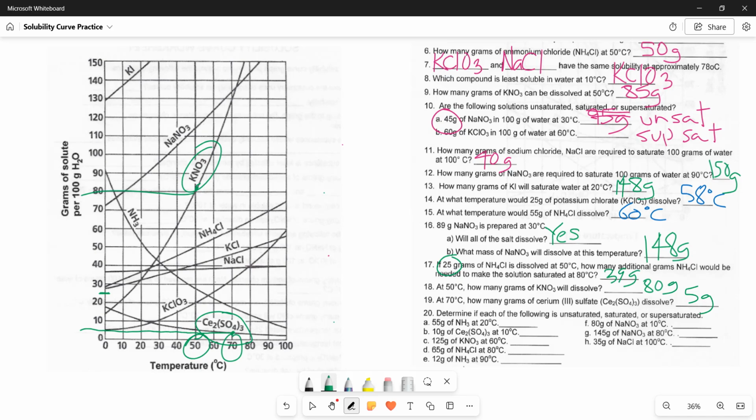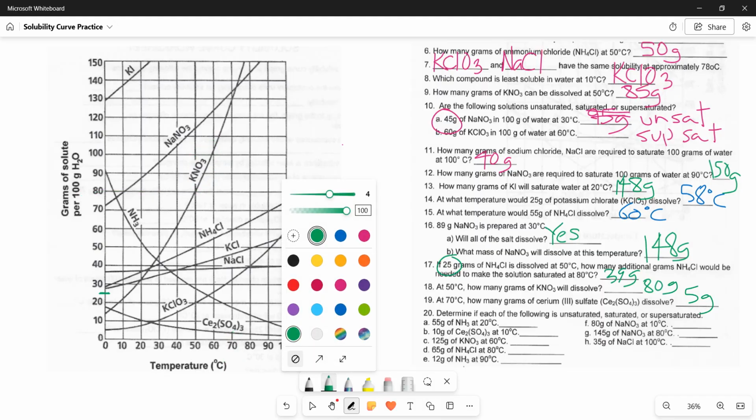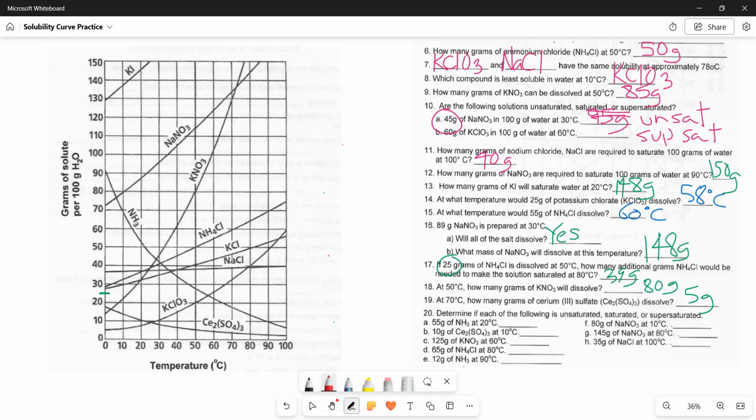Okay, 20. Determine if each of the following is saturated, supersaturated, or unsaturated. So let's go ahead. I'm going to change to red, I think, for this so that we can see better where the point is. So we have 55 grams of the ammonia. So here's the ammonia. And we're at 20 degrees. So if we come up, we have 55.